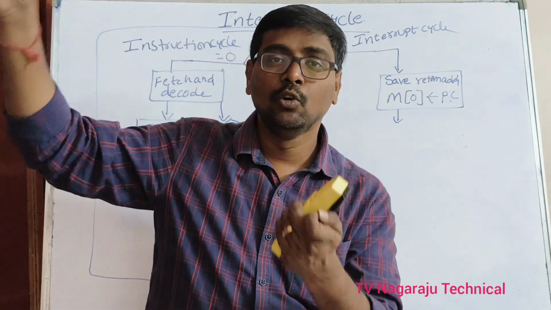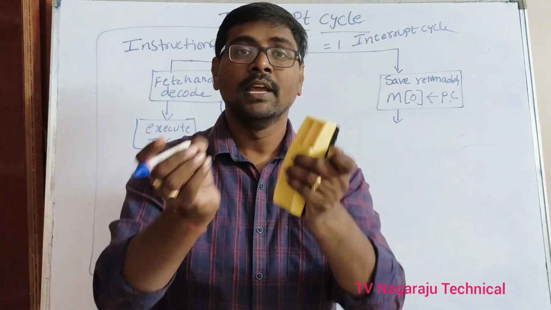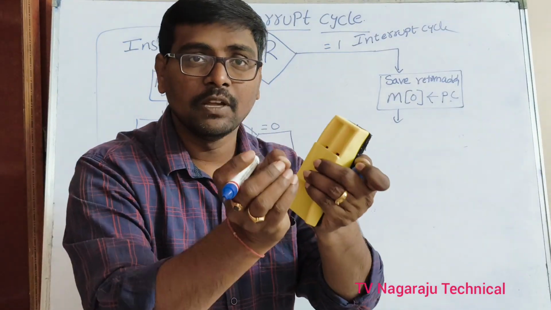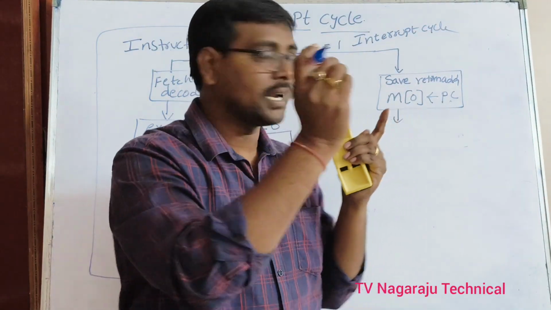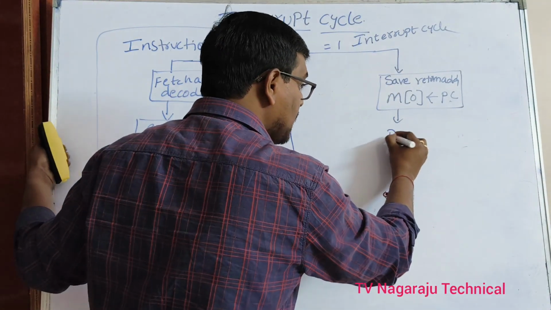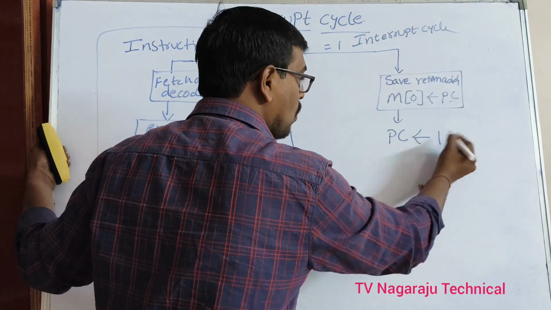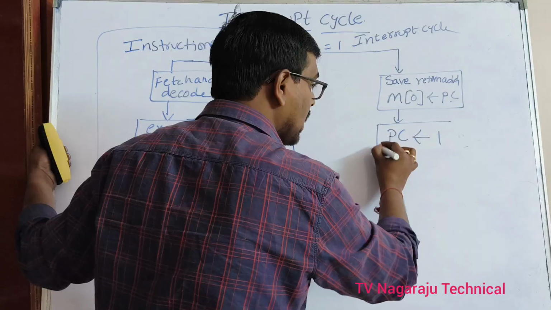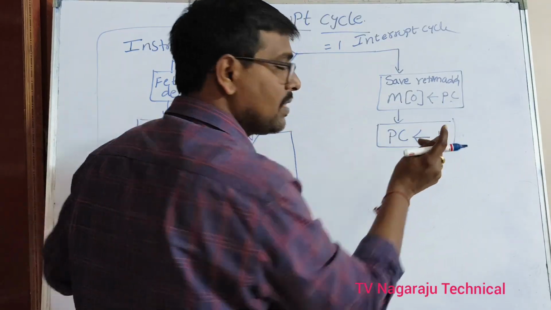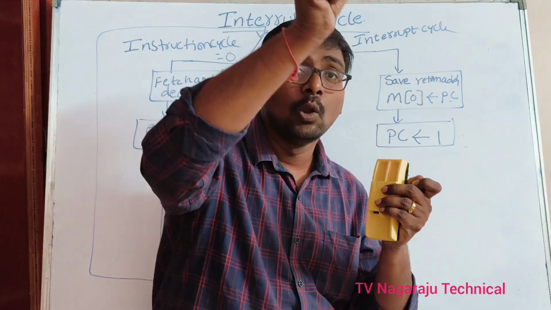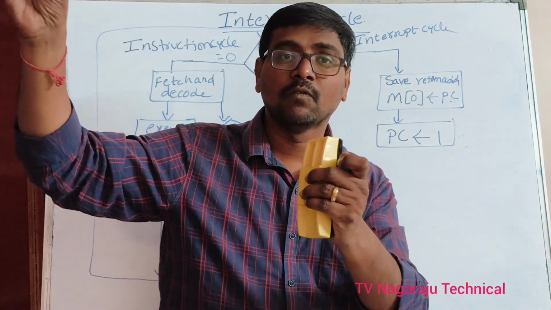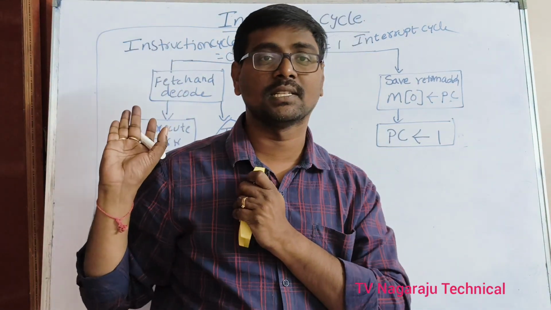Immediately you need to move to the interrupt service routine. Generally, the interrupt service routines are placed at address 1. So the PC value is 1. The program counter is updated with the instruction address 1. Why 1? Generally at location 1, my interrupt service routine instruction addresses are there.